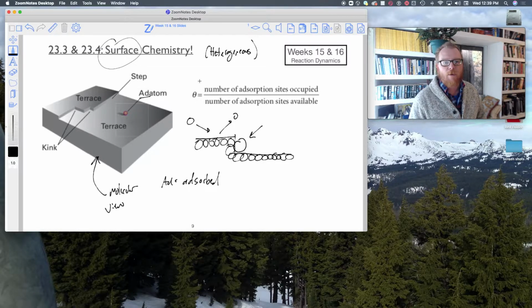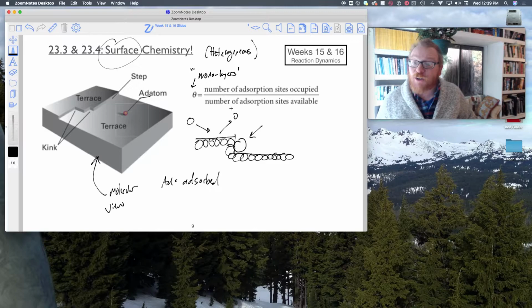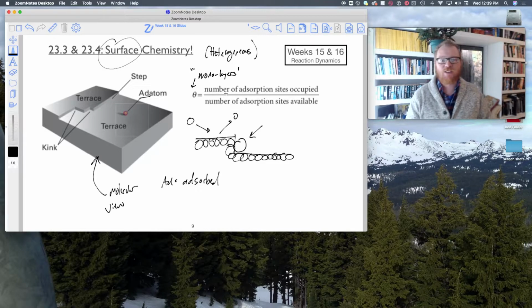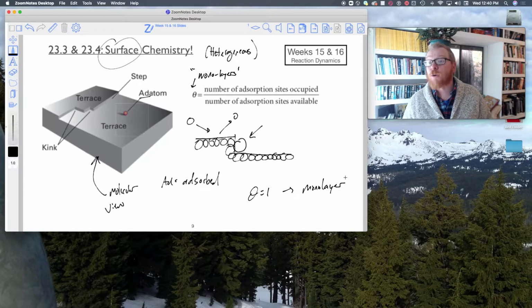Theta is our number of monolayers or molecular layers. So it's the number of adsorption sites occupied versus the number of adsorption sites available. When theta equals 1, we have a true, complete monolayer.